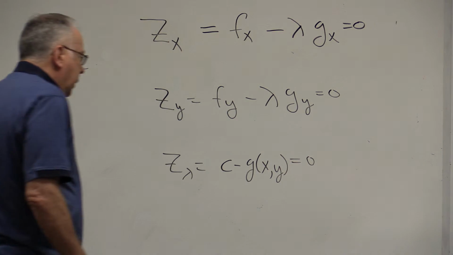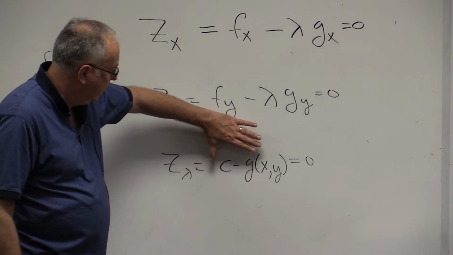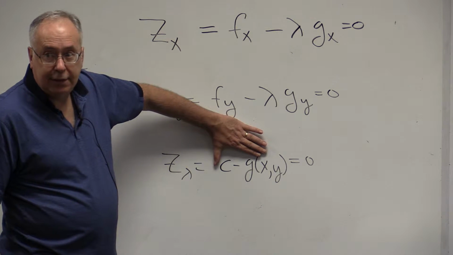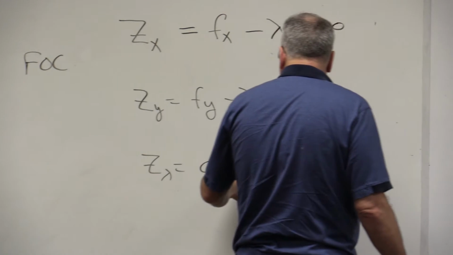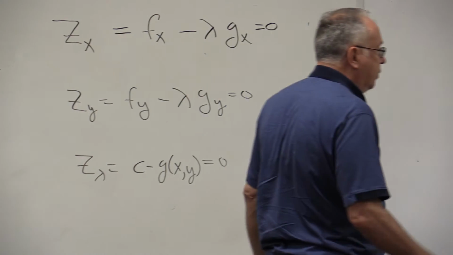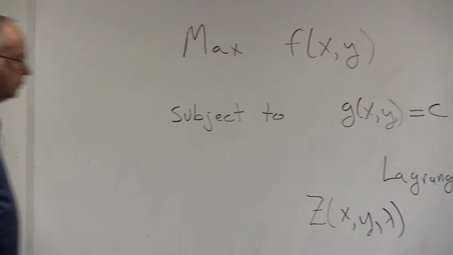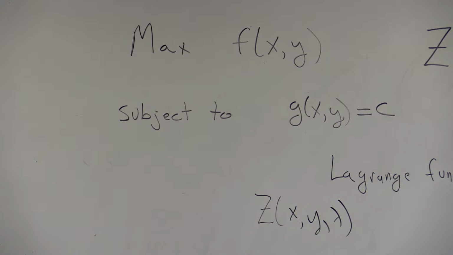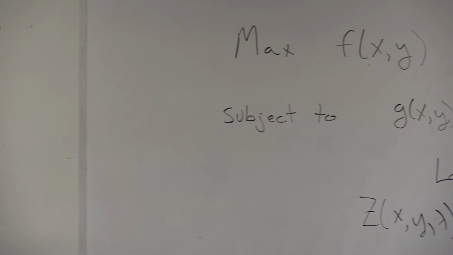And as a result of satisfying this first order condition, you're guaranteeing that the constraint is satisfied. If you just bring this g over to the right, notice what we would have: g equals c. So this condition just guarantees that the constraint is exactly satisfied.